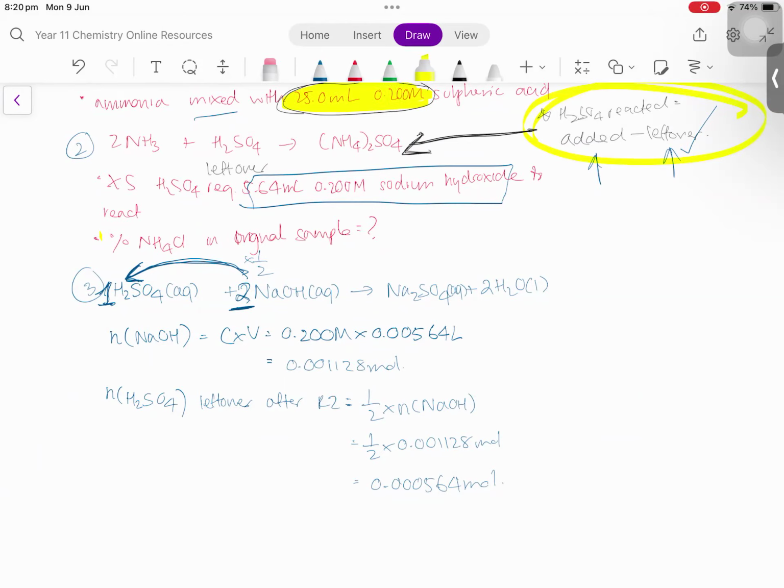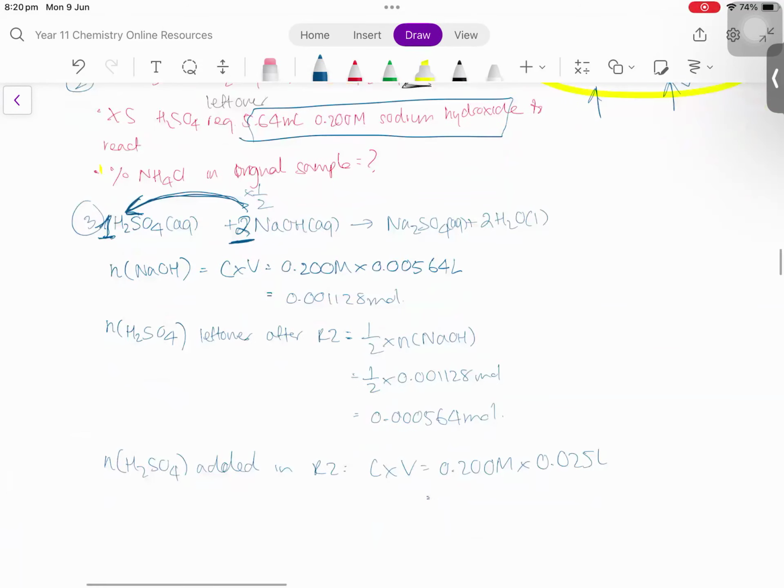Okay. Remember, any questions as you're going, you let me know. Moles of sulfuric acid added in reaction 2 is C times V. They added a 0.2 molar solution and they added 25 mils of that. So that's 0.025 liters.